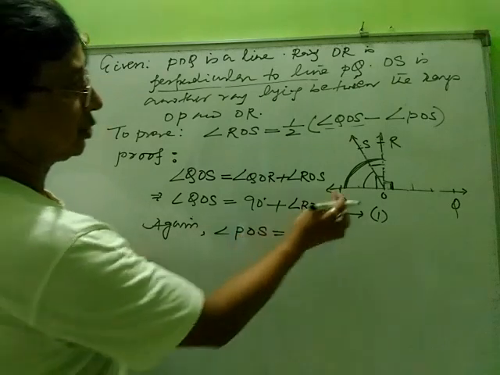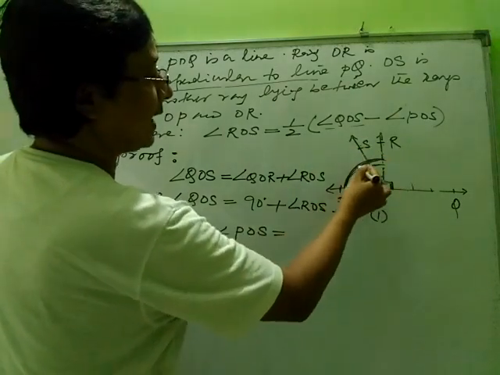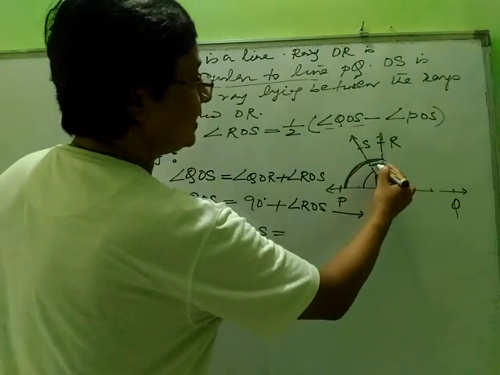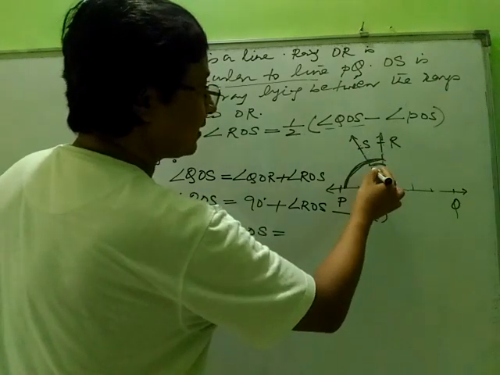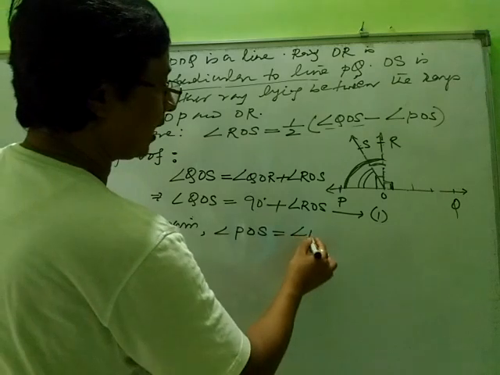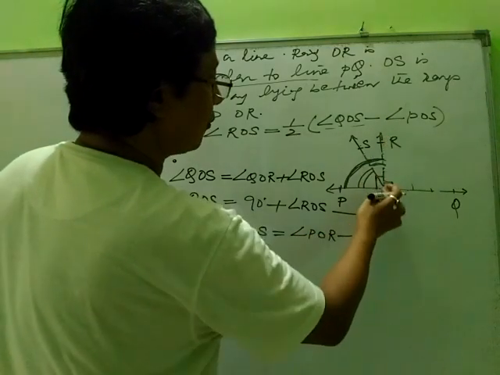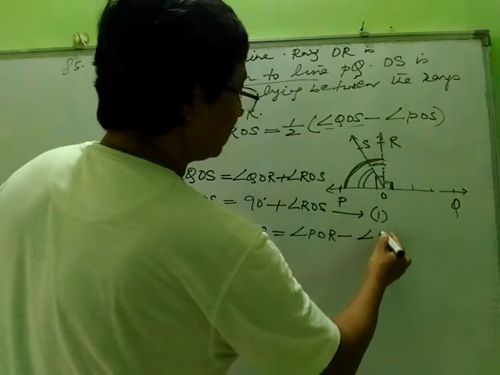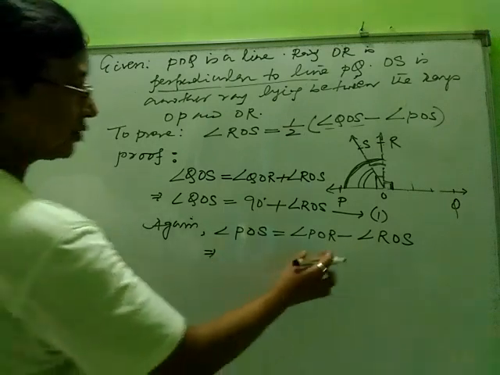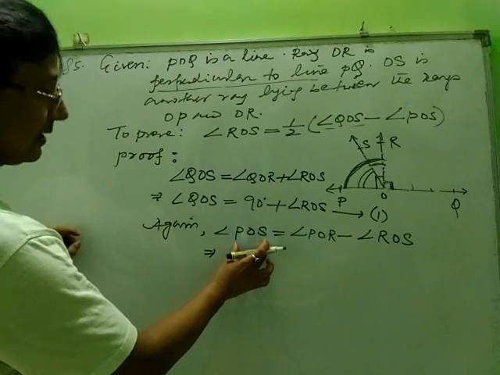So POR, this complete angle, minus this angle. You have deducted this part, so the remaining part is this angle POS. So it will be POR minus angle ROS. POR minus ROS, you will get POS.